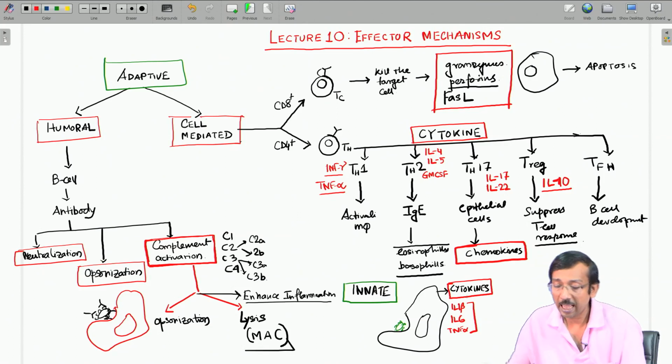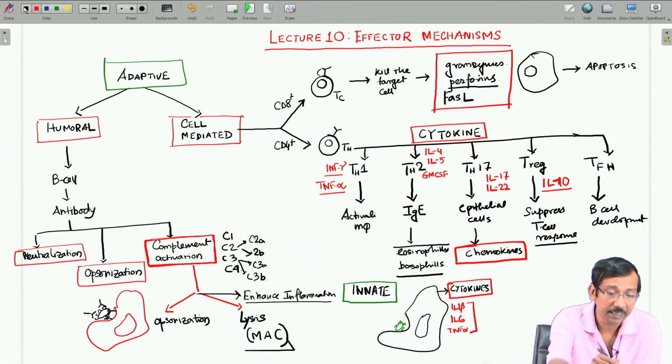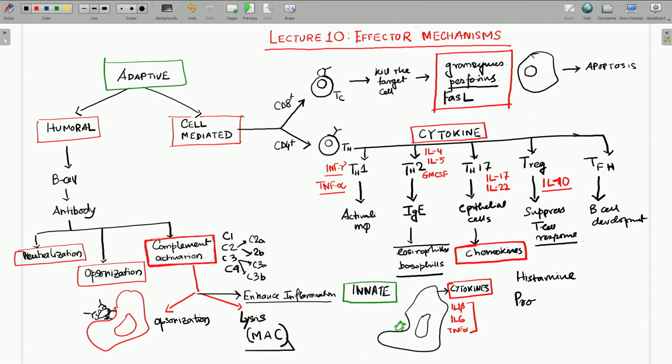There are other effector molecules I have mentioned, for example, histamine, the prostaglandins, and the leukotrienes. These are also part of the immune effector pathways, primarily the innate pathway.